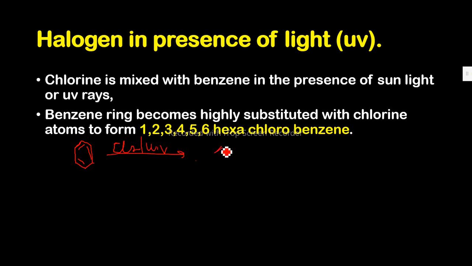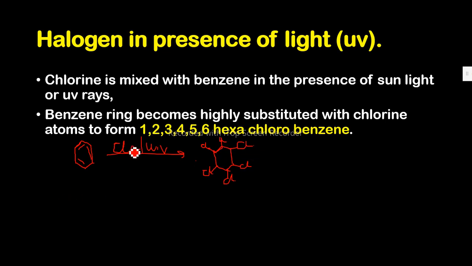So we shall have our 1, 2, 3, 4, 5, 6 hexachlorocyclohexane. So you have the Cl here, Cl here, Cl here, Cl here, Cl here, and finally Cl here.